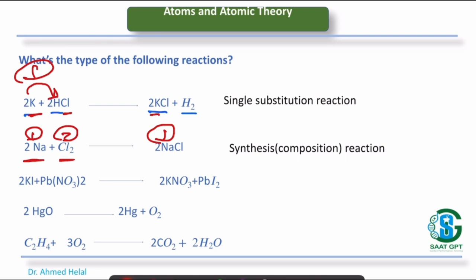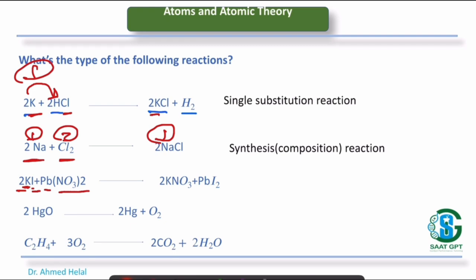How about the third one? 2KI plus Pb(NO3)2. By the way, KI is not one element. Here we have two elements, potassium and iodine. How can I know this? If you find two capital letters, K and I both capital, this means that you have two different atoms.